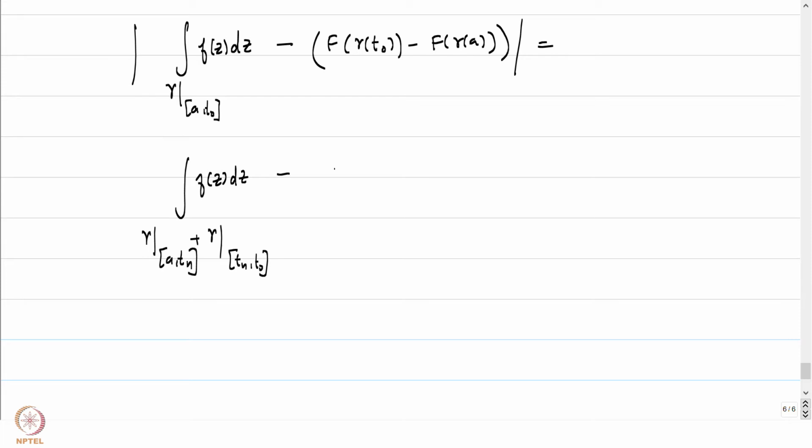Now here we will introduce a couple of terms: minus f of gamma of t0, minus f of gamma of tn, plus f of gamma of tn, minus f of gamma of a.